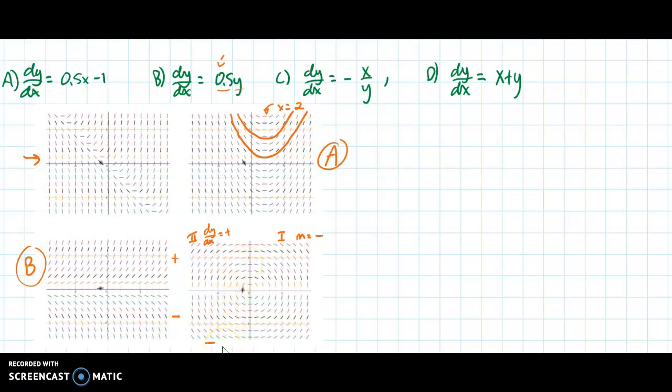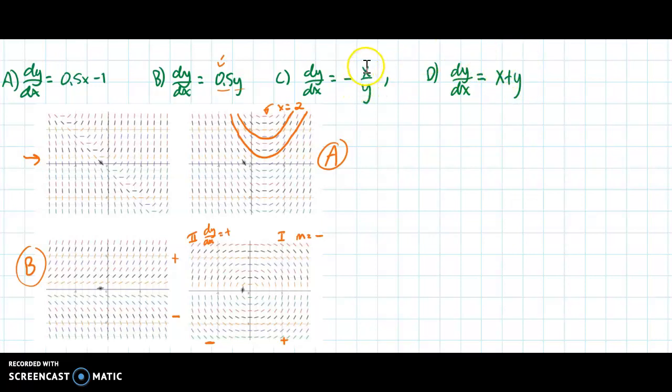And then here they're all negative, and then here they're all positive. So what we should recognize is that for this slope field right here, if x and y are both positive, then the slope should be negative, right? So if I put a positive x and a positive y in here, that doesn't fit this over here, right? I can't get a negative out if I do a positive plus a positive.